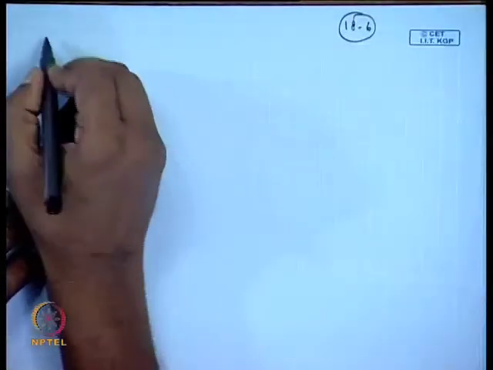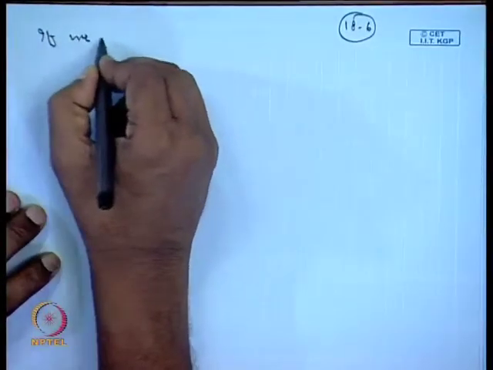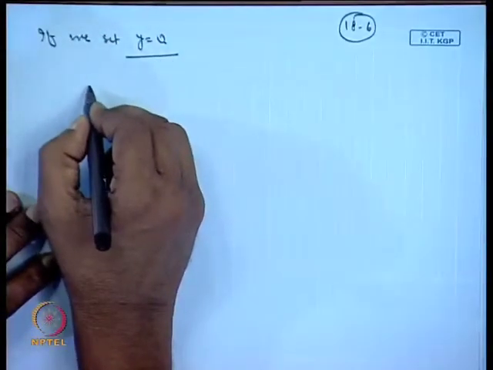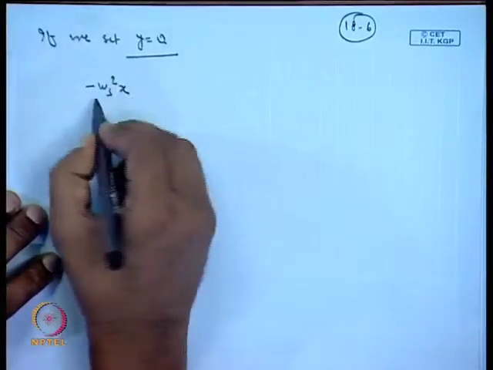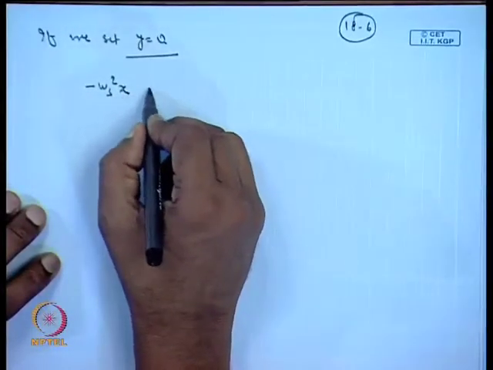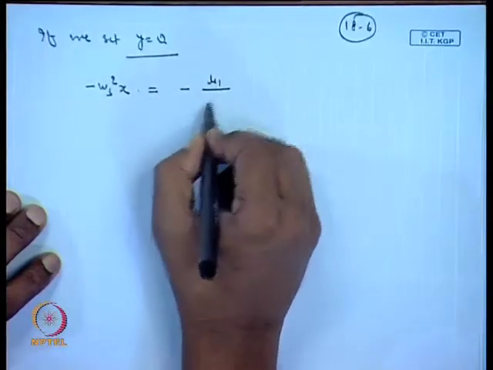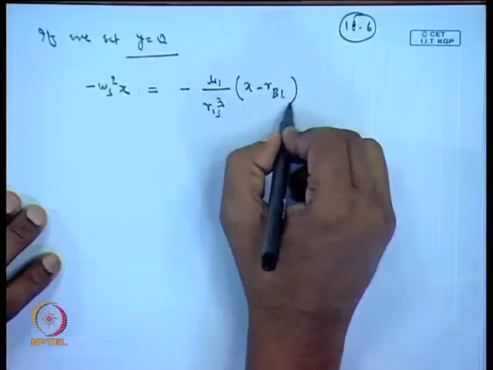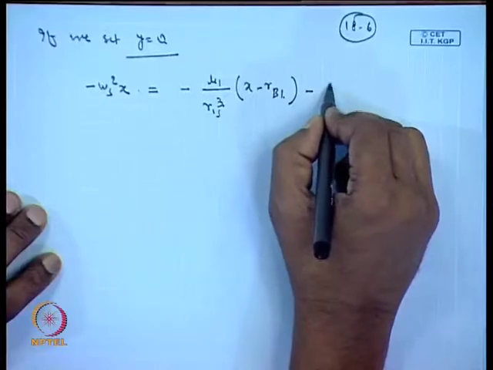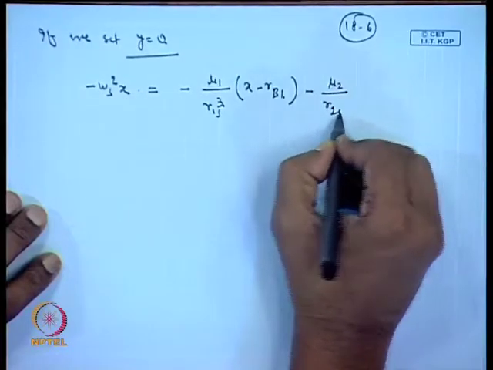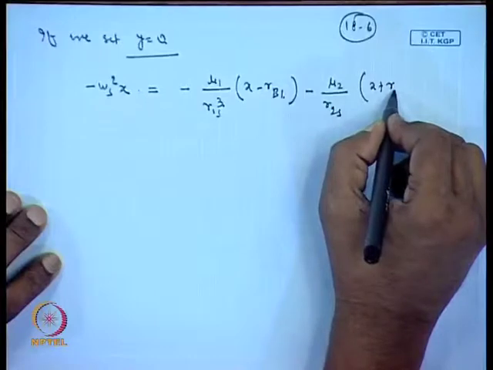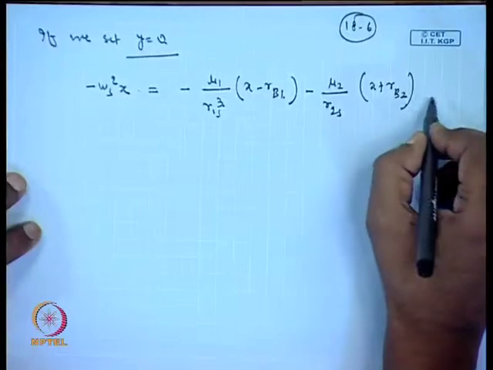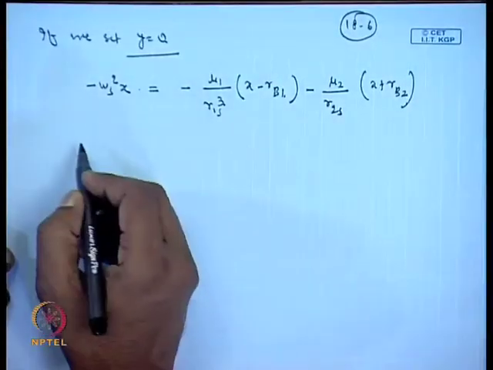So, if we set y equal to 0, then we have minus omega square s x. So, this is our starting point here now.